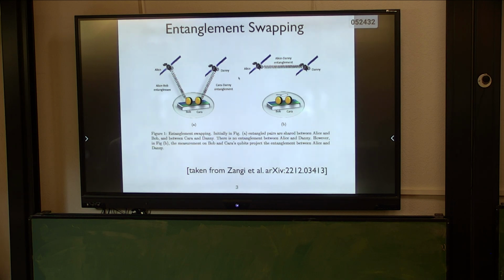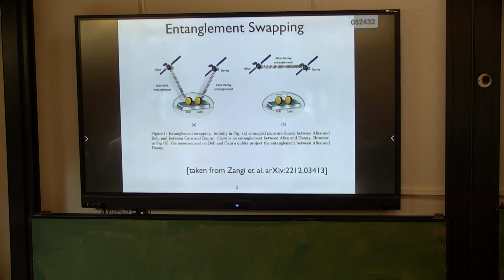Maybe Alice and Danny are far away, like on a spaceship or satellite, but Bob and Kara are next to each other. Then you can perform a projective pair measurement between Bob's qubit and Kara's qubit.